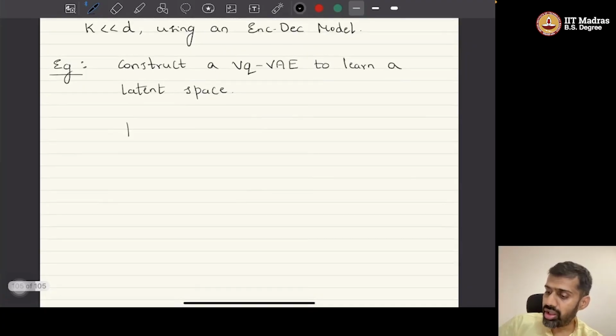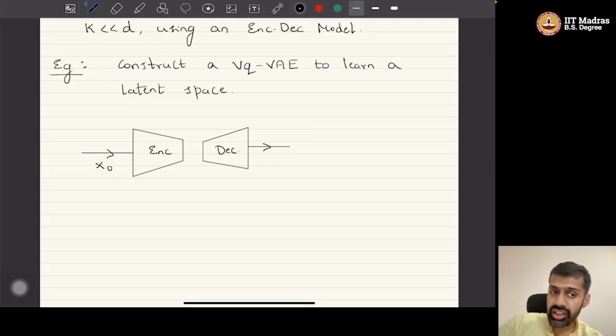So you have an encoder and a decoder. x naught goes into the encoder, and the decoder reconstructs the data, x naught cap comes out, and we have some representation of x naught, which we call z naught.